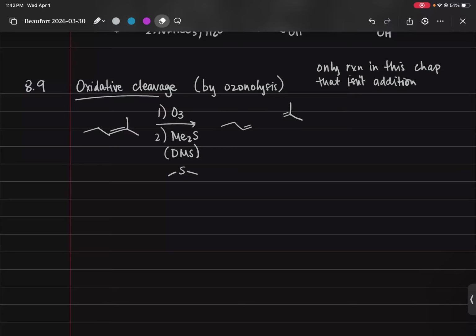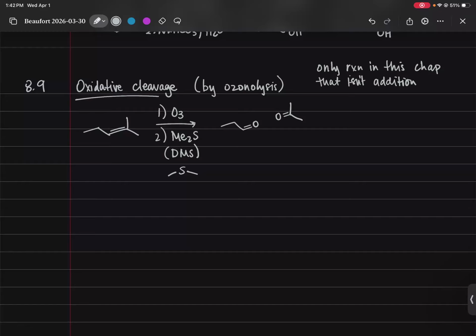So you still have some double bond left over on both sides, but you've got space in the middle. And then put in an oxygen. That's it. That's literally it.